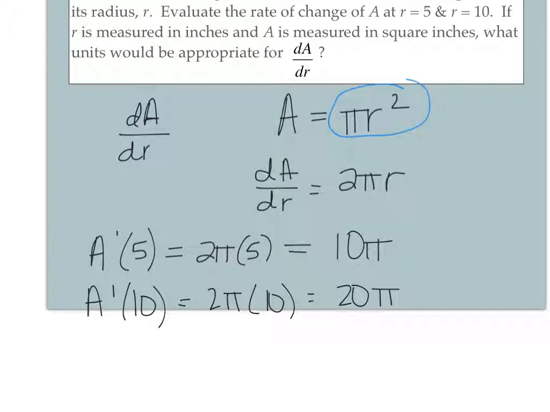Now it said, if we know that radius is measured in inches and area is measured in inches squared, this is a little confusing, what would be the units for the derivative? What you should be thinking about when you're trying to come up with the units for the derivative is the two units.